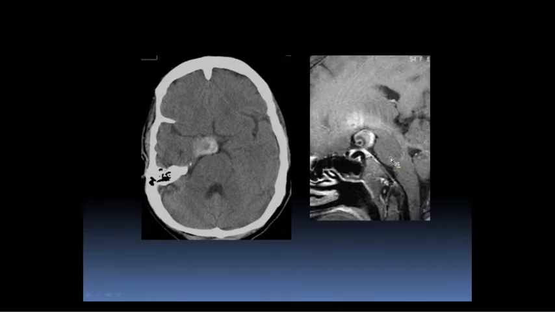This is a classic concentric lamellated appearance of an aneurysm on MRI. So just be aware, if you have a hyperdense lesion that looks like it could be extra-axial, then of course you want to consider a hematoma, and in certain locations an aneurysm as well. It's a different story if it's completely and clearly parenchymal.